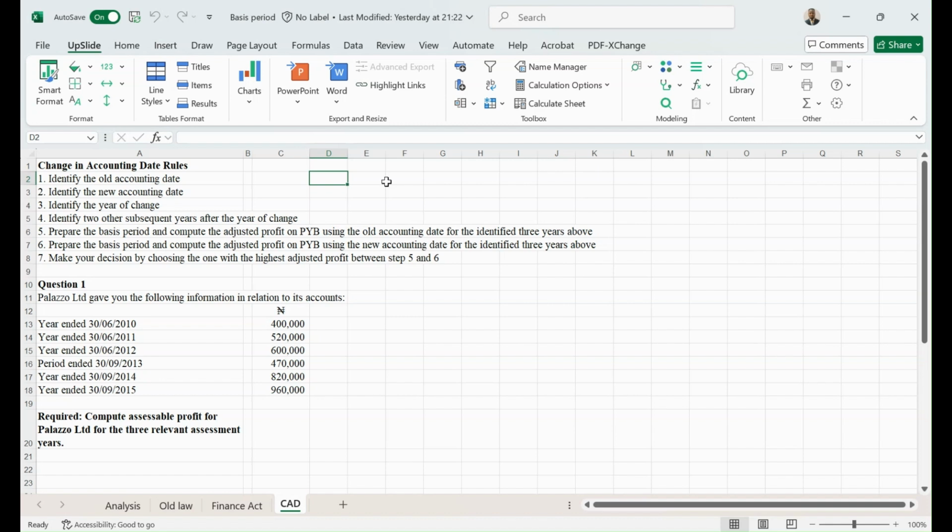But the change in accounting date rules are not impacted by the Finance Act. So the same rule that we know is what we will continue to use.